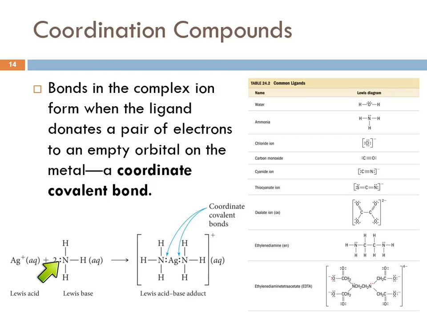Each of these has a lone pair. So if we let this lone pair overlap with an empty orbital on the silver, it can form a bond. It's called a coordinate covalent bond. It's not ionic. There's a sharing of electrons, but both of the electrons that are being shared come from one part. They come from the nitrogen. So nitrogen's being very generous, right?